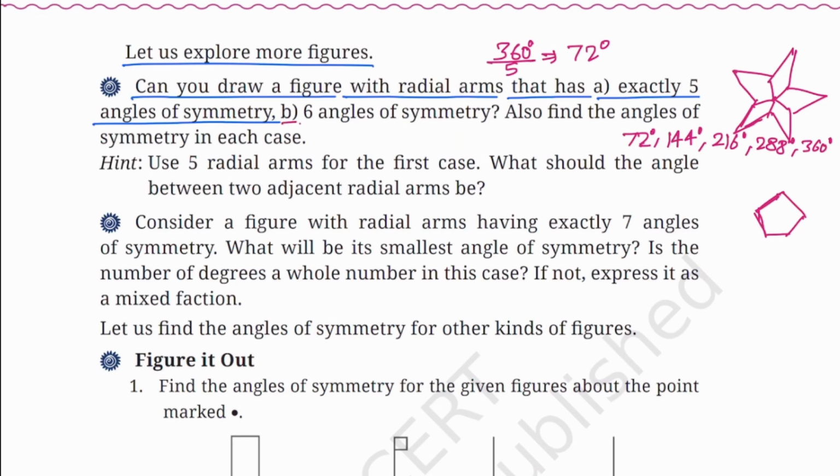B. 6 angles of symmetry. For this, you can draw a hexagon like this, with all its sides equal. The angle subtended at the center by one side will be 60 degrees, that is 360 degrees divided by 6.